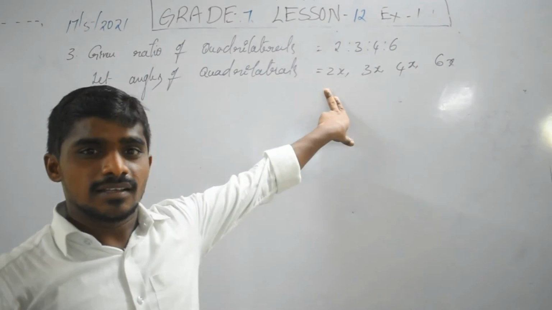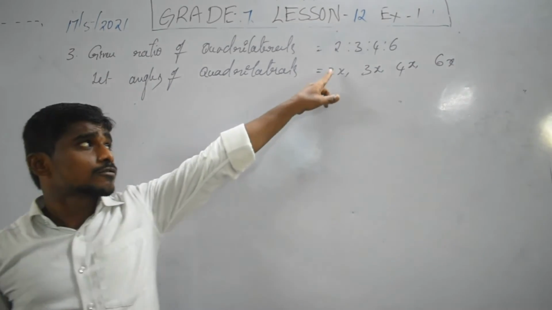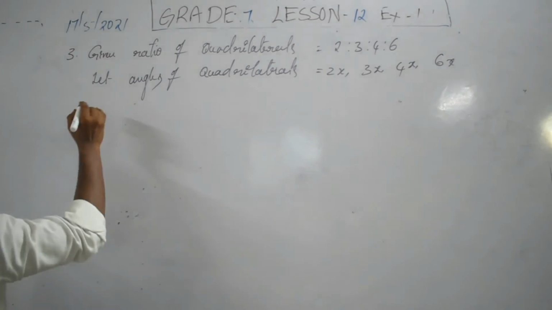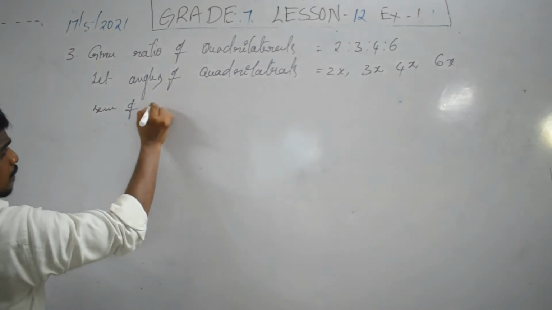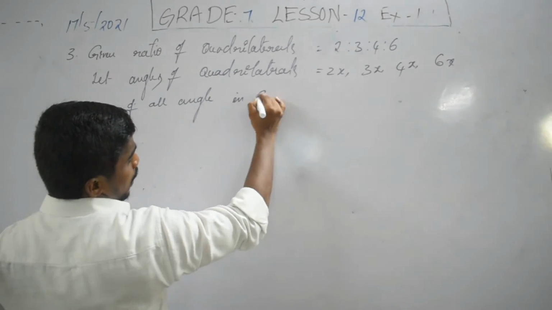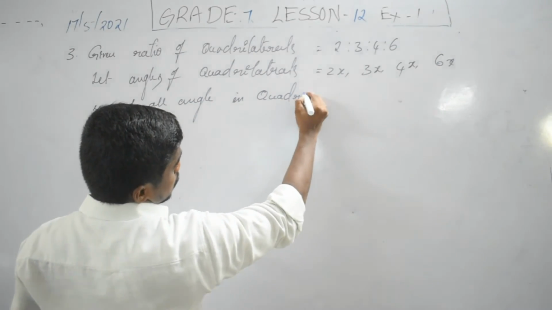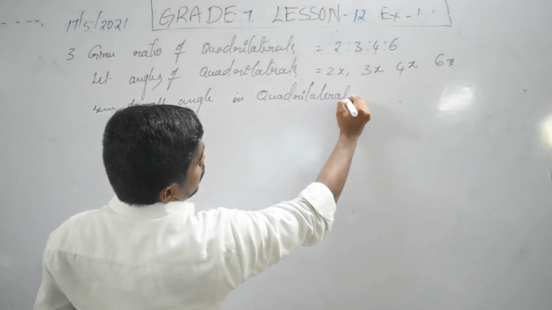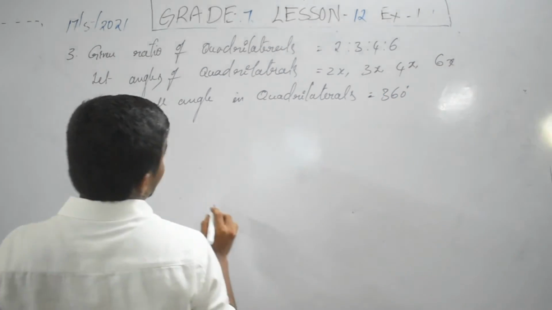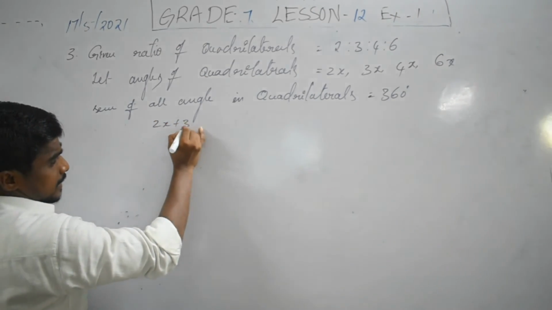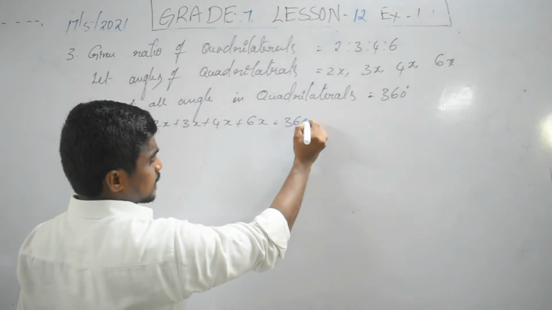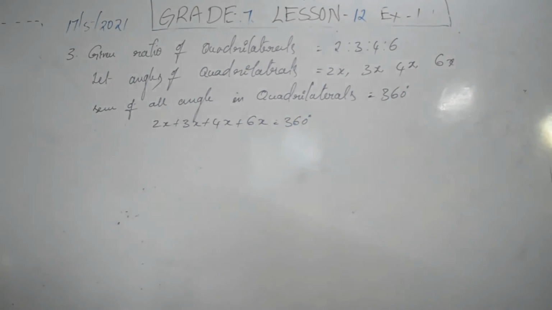Why? Here let the common factor be x, so the ratio is 2x, 3x, 4x, 6x. So sum of all angles in a quadrilateral, how many degrees is it equal to? 360 degrees. So 2x plus 3x plus 4x plus 6x equal to 360. 2x plus 3x, 5x.